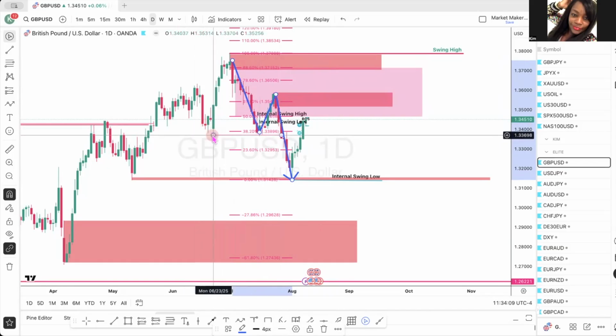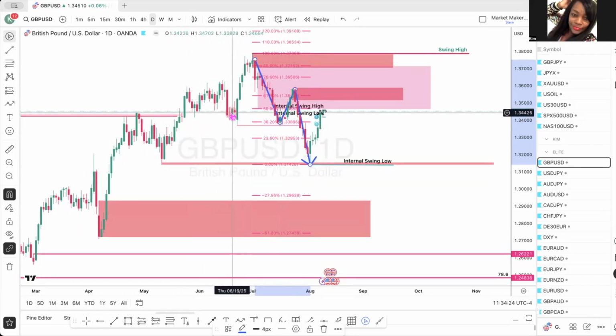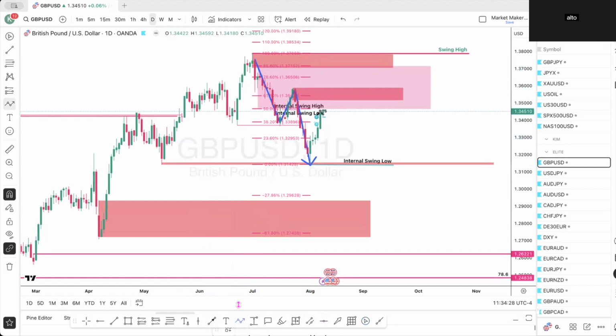I need to see it break below the low, and that did not happen until right here. And that was the internal swing low you're speaking about, right? This is the swing low. This was structure. And yes, that was internal swing.